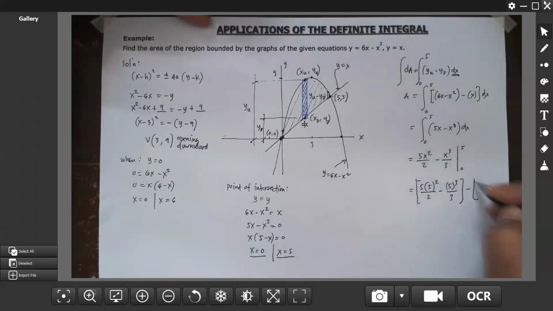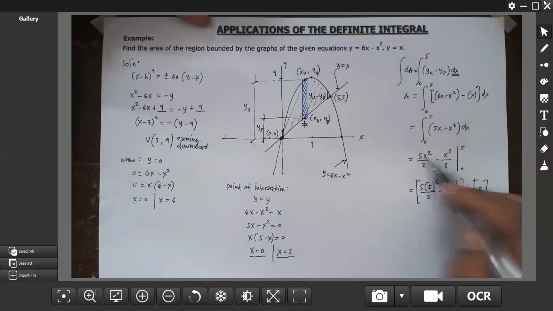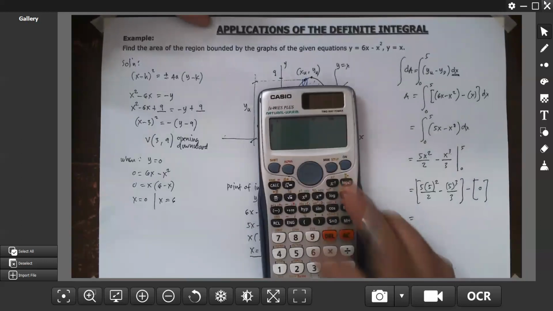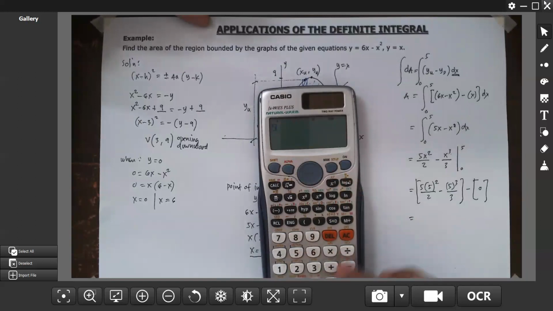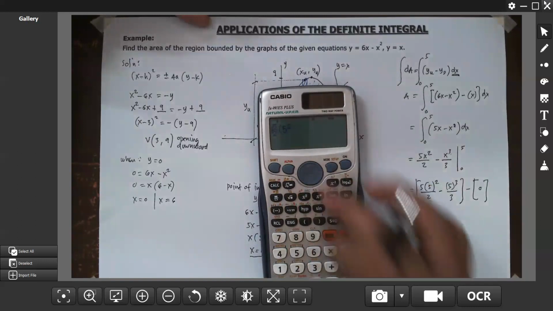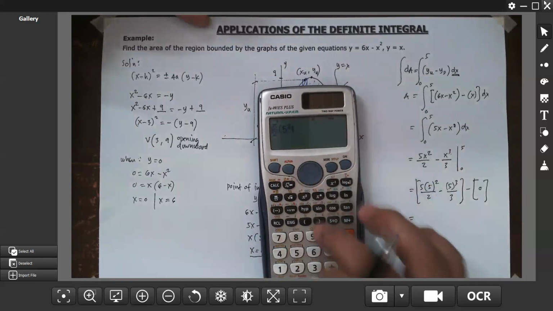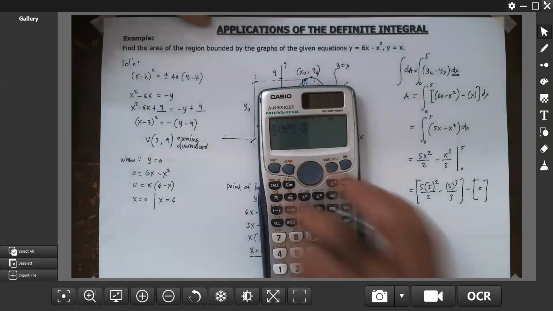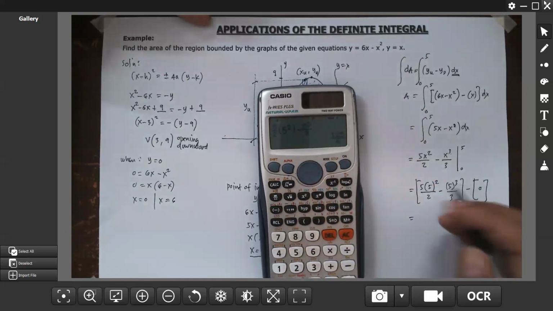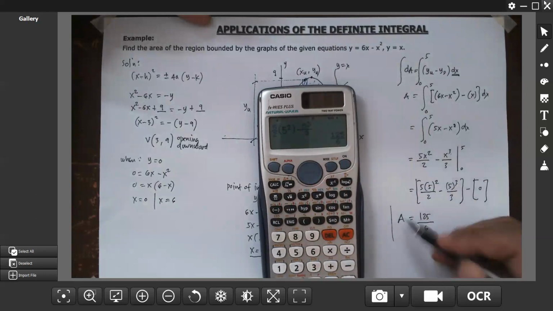Upper minus lower limit 0. So we compute 5 over 2 times 5 square minus 5 cube over 3. 125 over 6. It's our area.